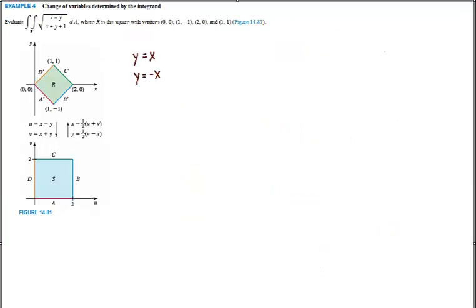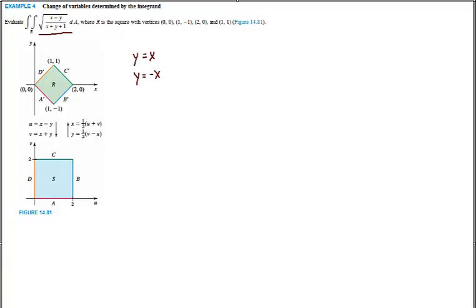In our next example, they just give us this picture here. They say we're going to integrate it using this function, and here are the vertices. So if I look at drawing this out, I see that each of these boundaries follows y equals x or y equals negative x.